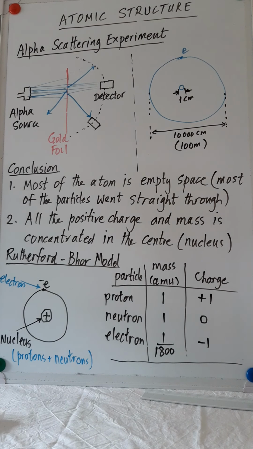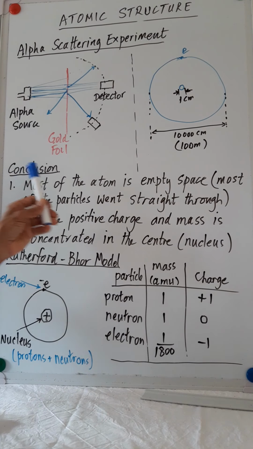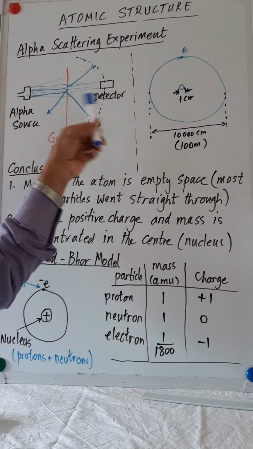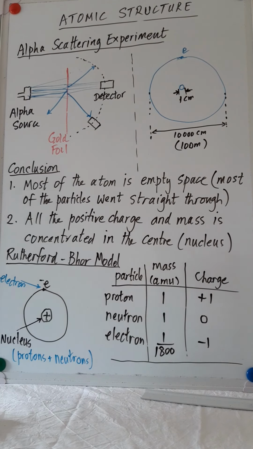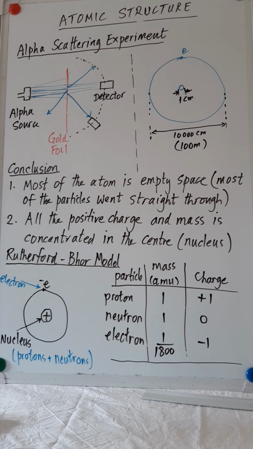So it showed 2 things. One, that most of the atom is empty space, because the majority of the particles went straight through. And secondly, that the positive charge must be concentrated, and the mass of the atom must be concentrated in a small space in the center, which they call the nucleus.